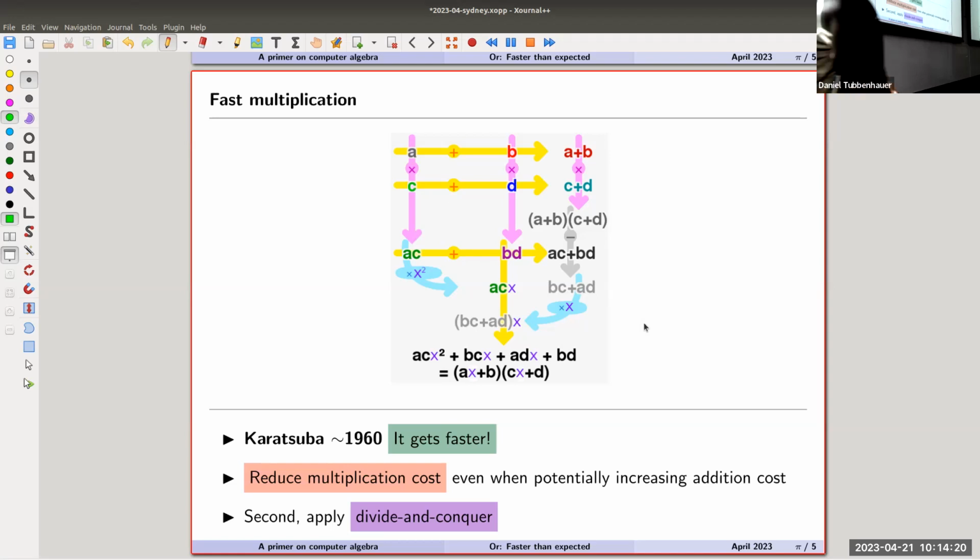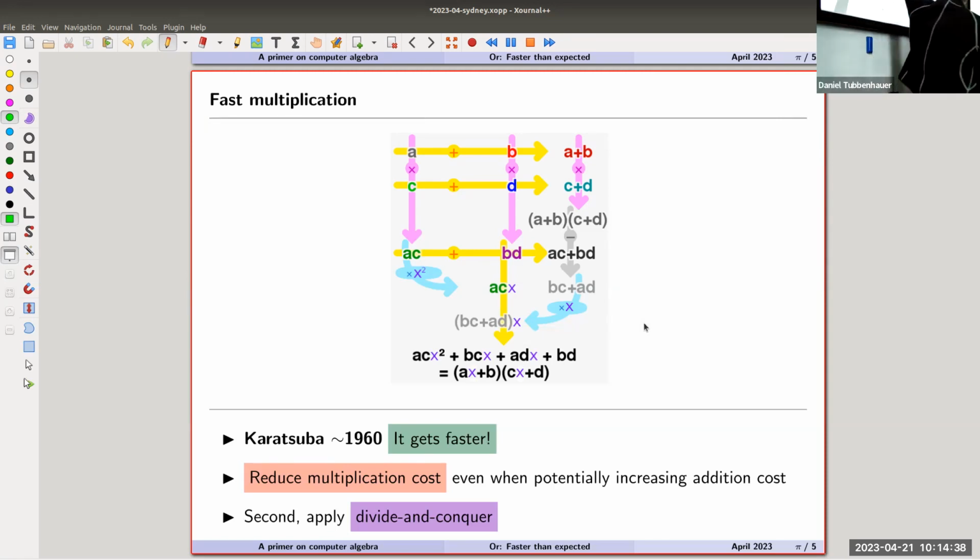We still want to multiply those polynomials. So this is the 2 by 2 case, and we do it in an absolutely complex way.